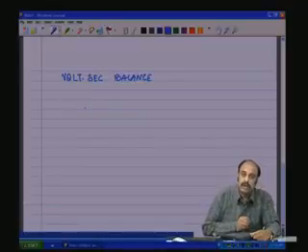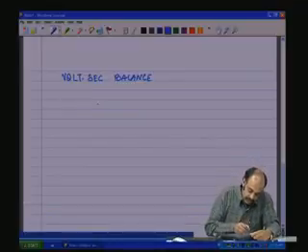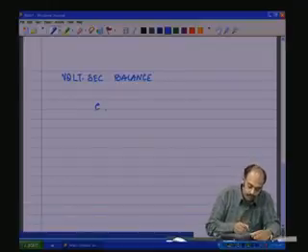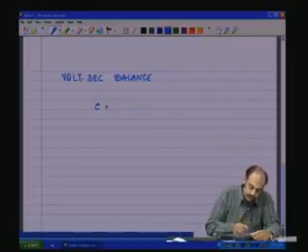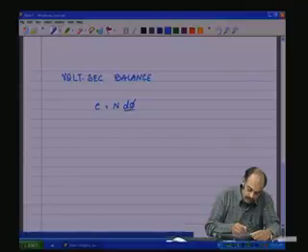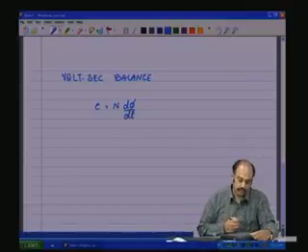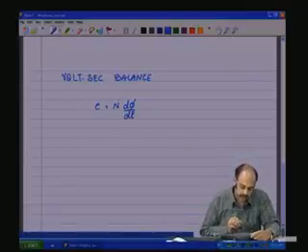And what does Faraday's law of electromagnetism state? It says that the induced voltage E is equal to N, the number of turns in the core, into d phi by dt, where phi is the flux in the core.